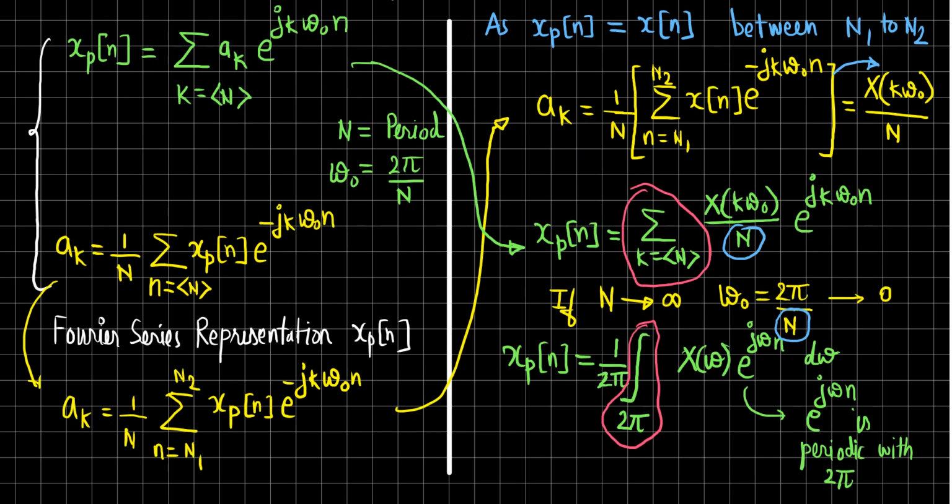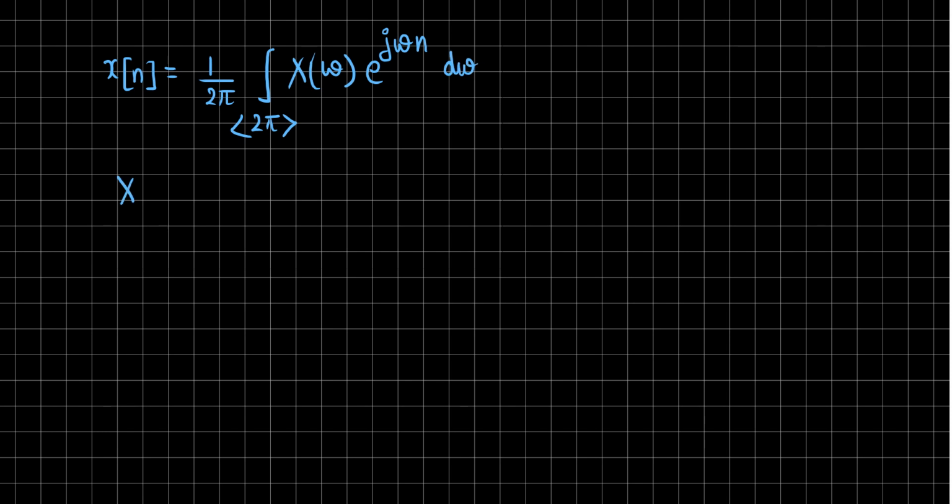So I'll write the expression. x of n is going to be 1 upon 2 pi, integration over a period of 2 pi, capital X of omega e power j omega n d omega, where this capital X of omega is given by summation.